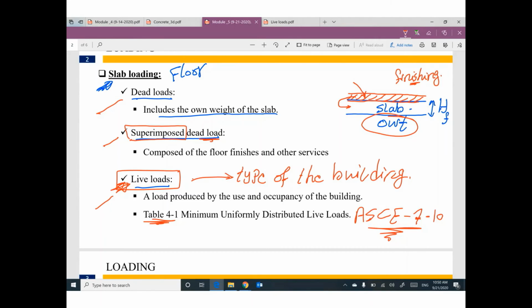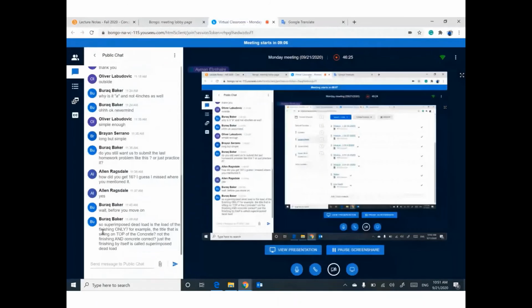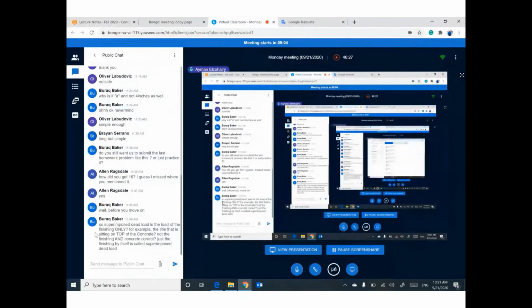Any question on this point? So superimposed dead load is the load of the finishing only. Yes, for example, the tile that is sitting on top. Not both of them, the finishing only.